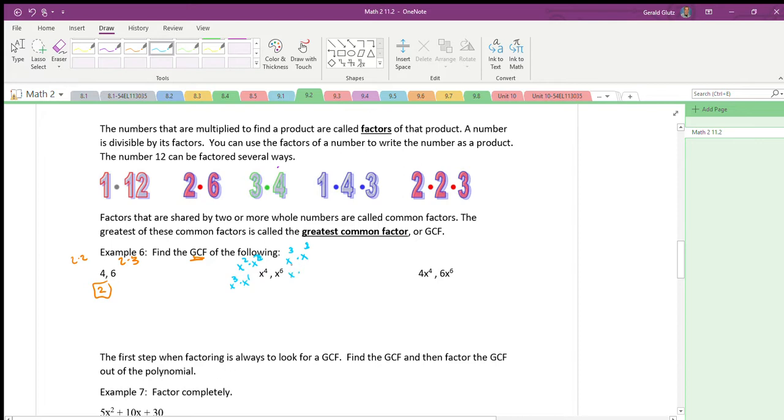Or x squared times x to the 4th. Or x to the 1 times x to the 5th. So we're looking for the greatest common factor. So that'd be x to the third.